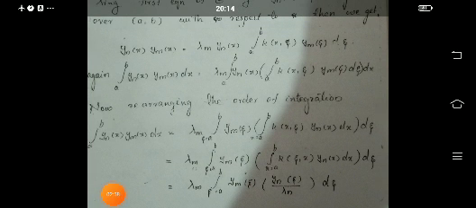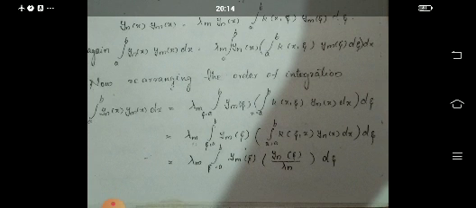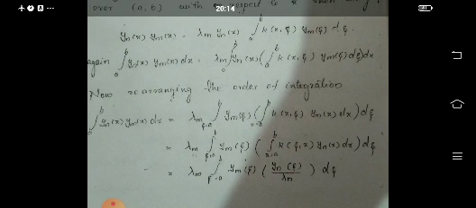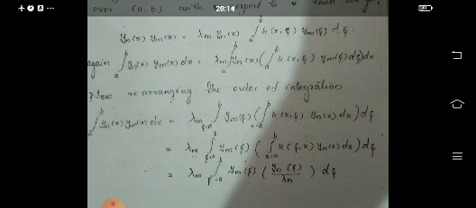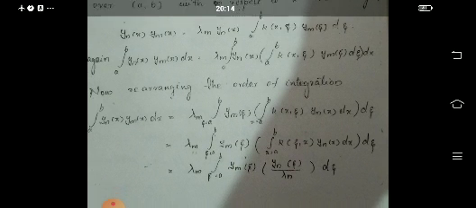Next, integrating with respect to x from a to b, the equation becomes integral a to b yn of x ym of x dx equal to lambda m integral a to b yn of x integral a to b k of x theta ym of theta d theta dx.